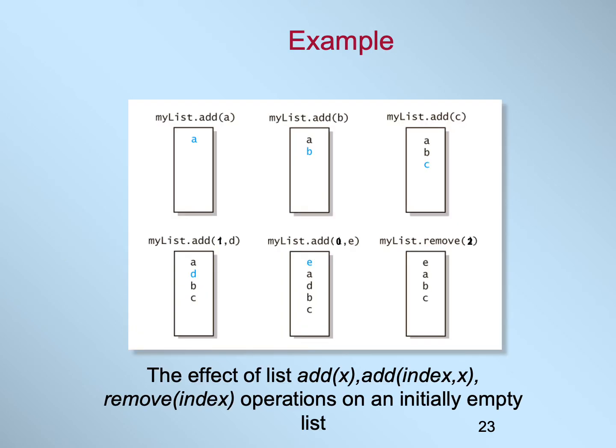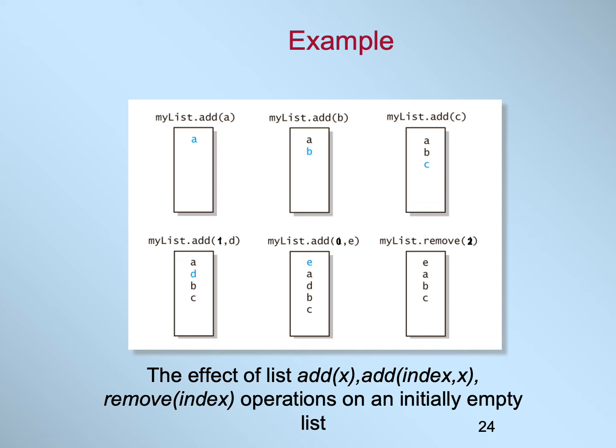This slide shows the use of add at a certain index number and also remove operations on an initially empty list. At the first part, when we write myList.add A, we are adding the letter A. And then the next one is myList.add B, because we did not write at which index number, it will add at the end.